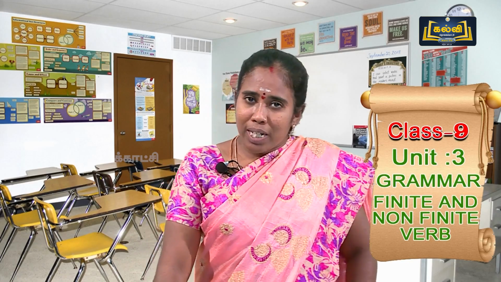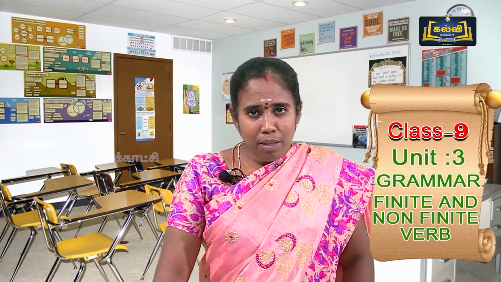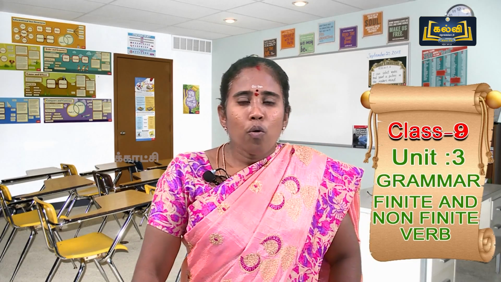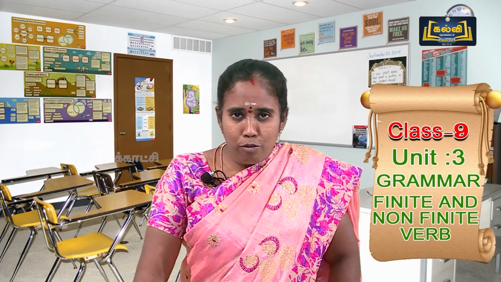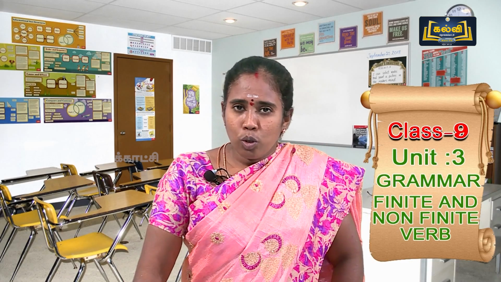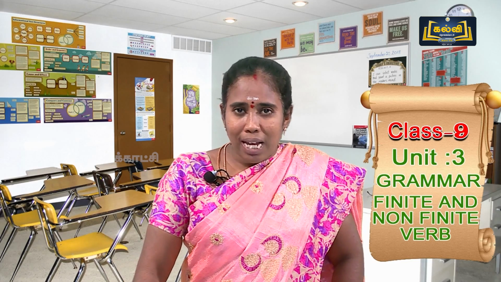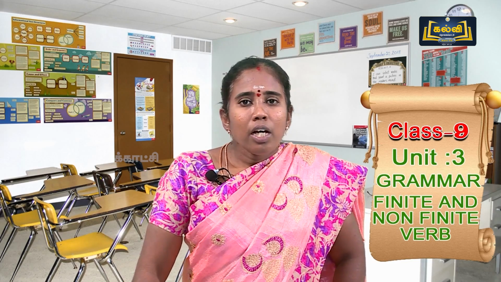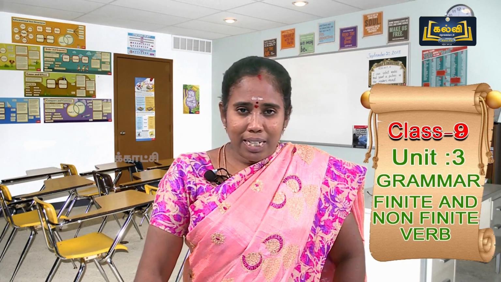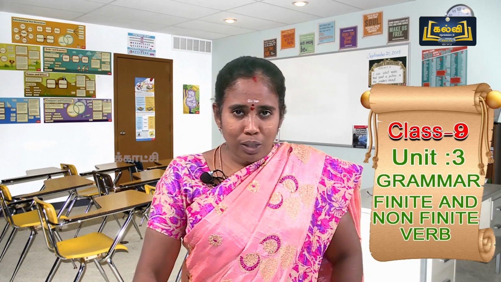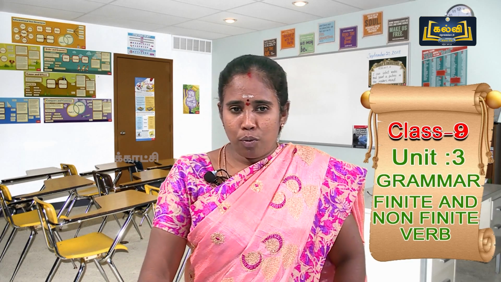Just as gerund is very easy for us, the infinitive is also very easy to identify and to note down in our exam. Yes, we have two types of infinitives, infinitive with to and infinitive without to. That is called bare infinitive.